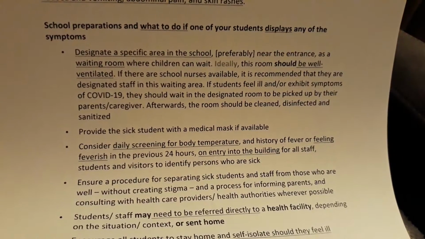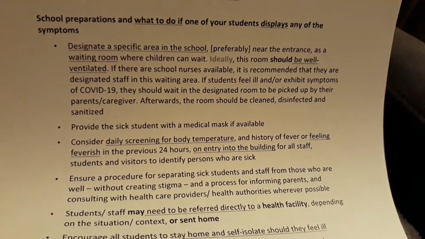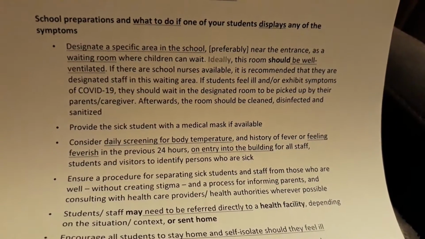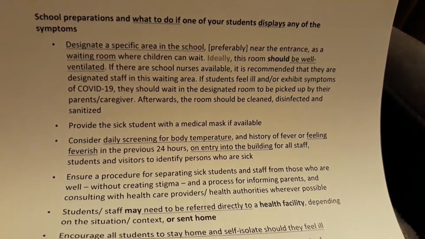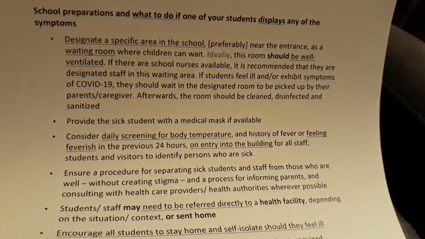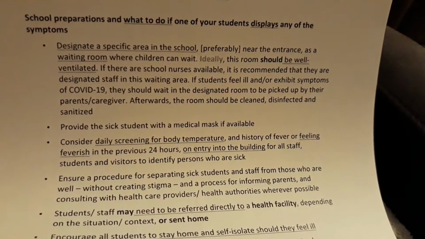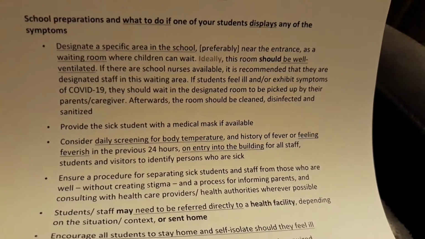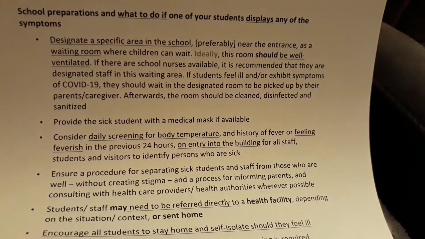If there are school nurses available, it is recommended that they are designated staff in this waiting area. If students feel ill and/or exhibit symptoms of COVID-19, they should wait in the designated room to be picked up by their parents or caregiver. Afterwards, the room should be cleaned, disinfected, and sanitized.